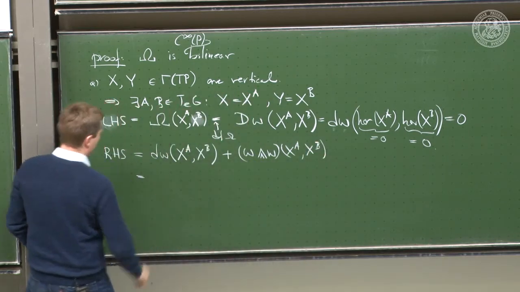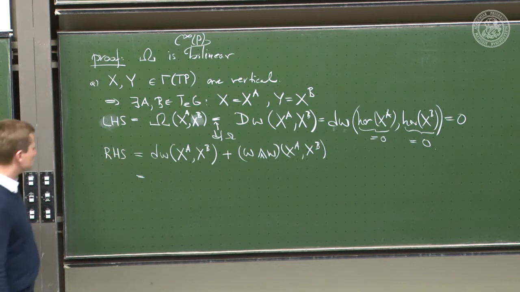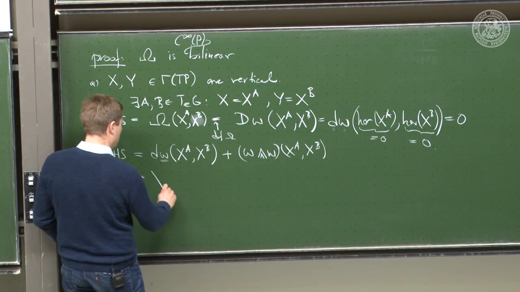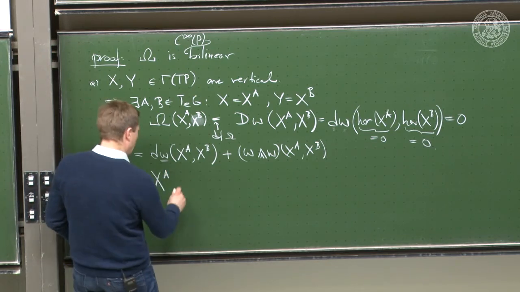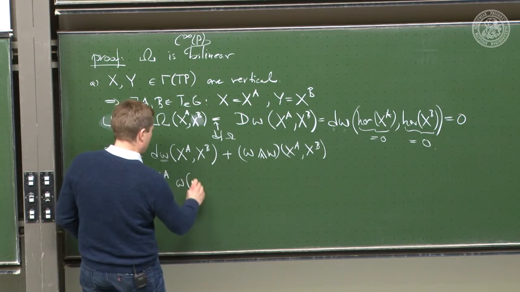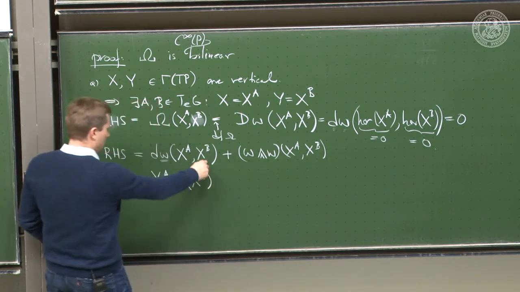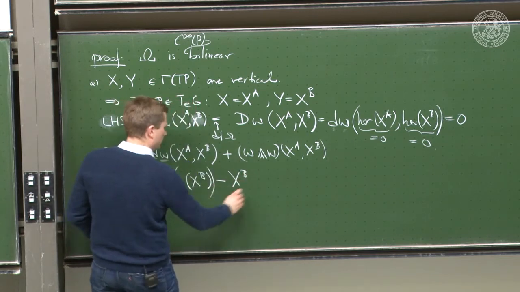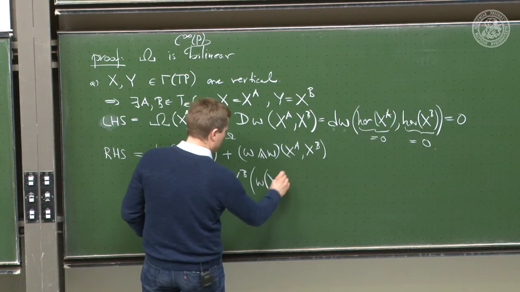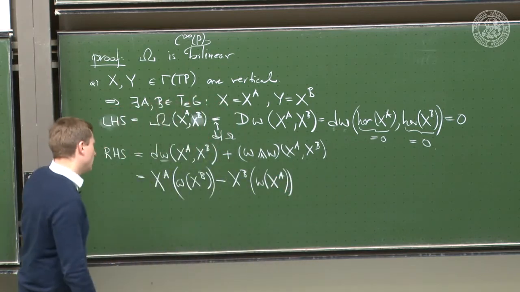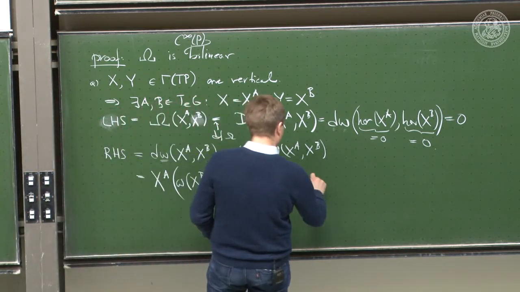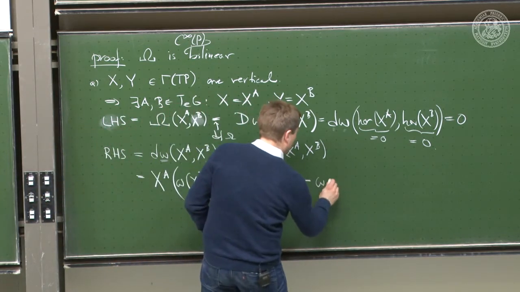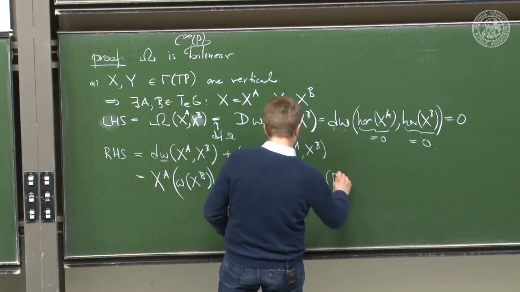So what is this? Well, remember the definition of the exterior derivative of a whatever valued 1-form: X_A acts on omega evaluated on the second entry, minus the second entry acts on the 1-form evaluated on the first entry. But that's not all. For covariance, we also need a minus the omega acts on the commutator of the two.